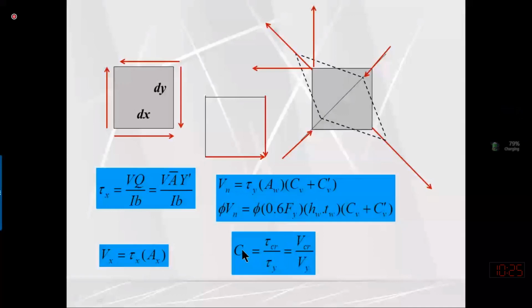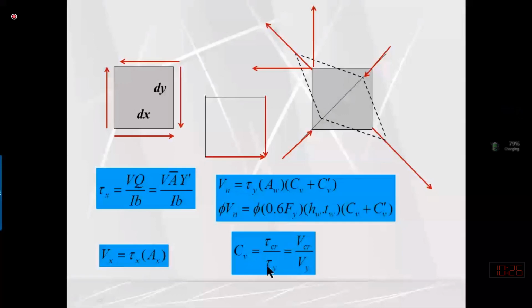Similarly, that will also be equal to the critical shear buckling strength over the yielding shear strength, because tau critical multiplied by the area of the web is equal to Vcr. So the area of the web on the top and bottom will be the same.